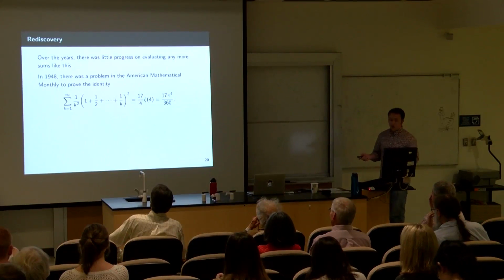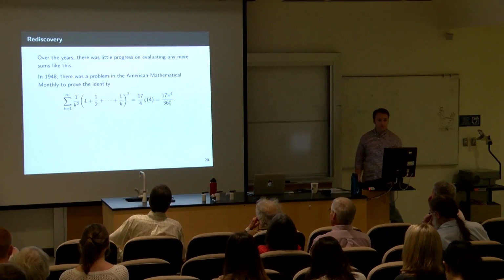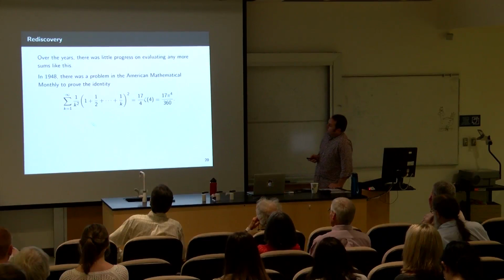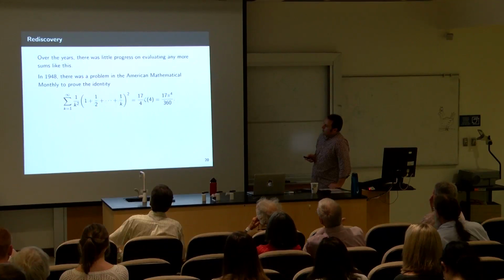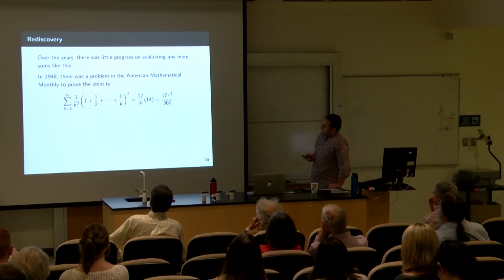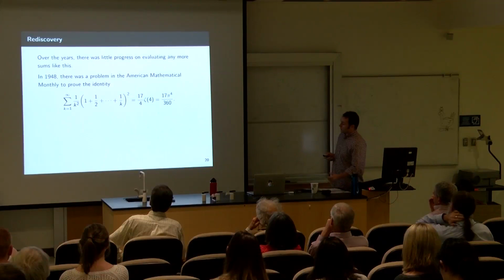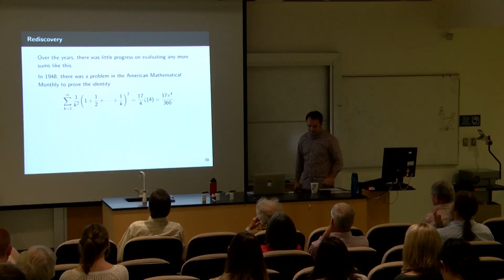There was no proof, it was just a problem: prove this. It's the sum of 1 over k squared times the kth harmonic number squared, and the claim is that it's equal to 17 over 4 times zeta of 4, which, using that nice formula, we can figure out is a rational multiple of a power of pi.